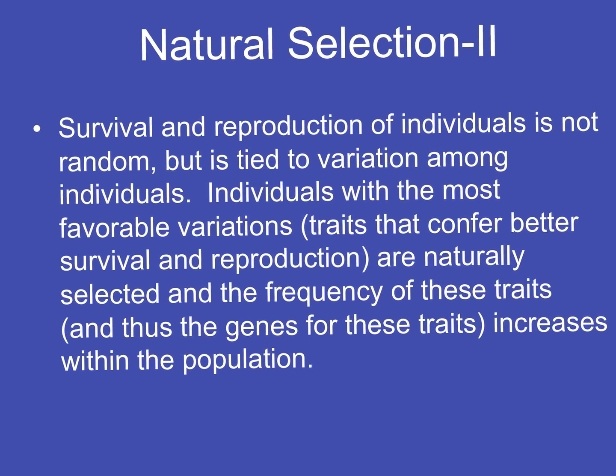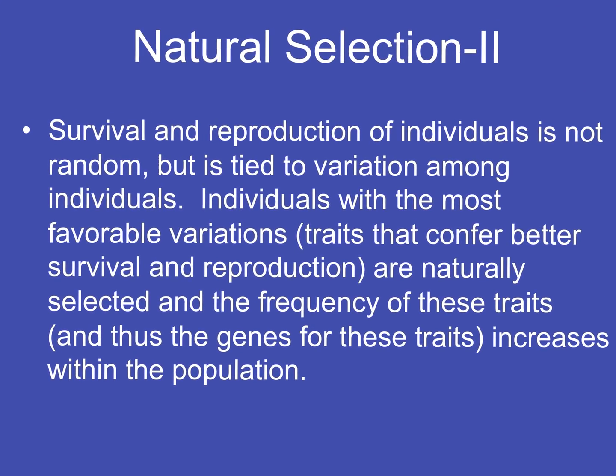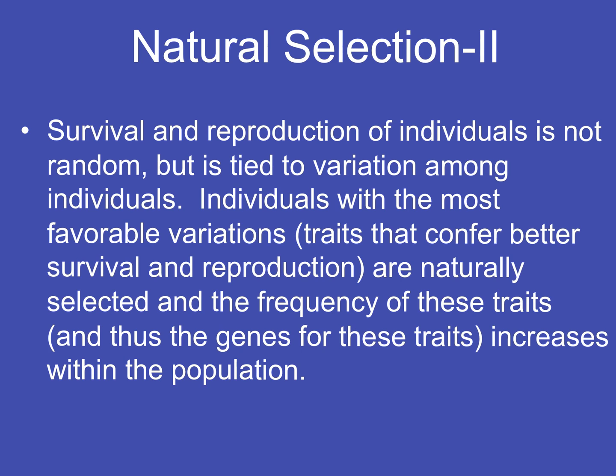So if the survival and reproduction of individuals is not random, but it's tied to that variation that's based in genes, then these characteristics in these lineages are naturally selected, and the frequency of those genes, or the frequency of those traits that are based in genes, will change over time, and that kind of change in populations is called what? That's our class. That's what evolution is.